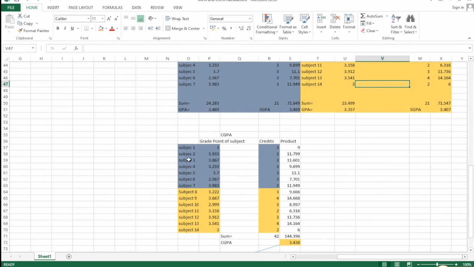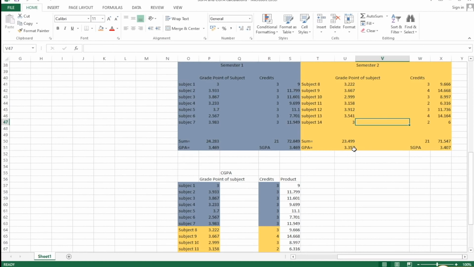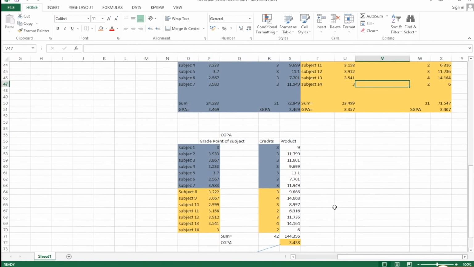We are writing all the subjects and their grade points. So till the second semester the student has studied 14 subjects. His credits were 3, 3, 3 for the first semester and then 3, 4, 3, 2 in the second semester. So this difference you can see here. I have differentiated the 2 semesters by 2 different colors.